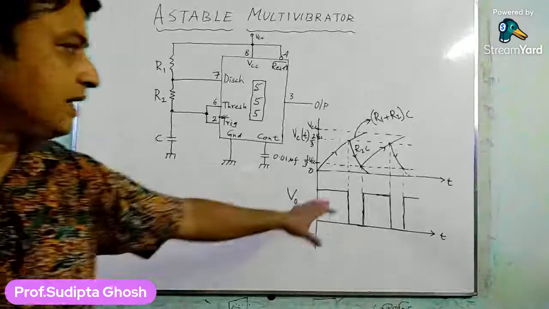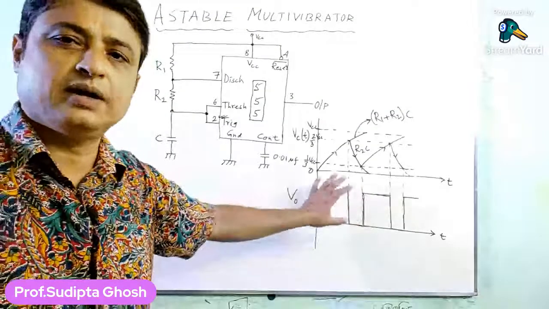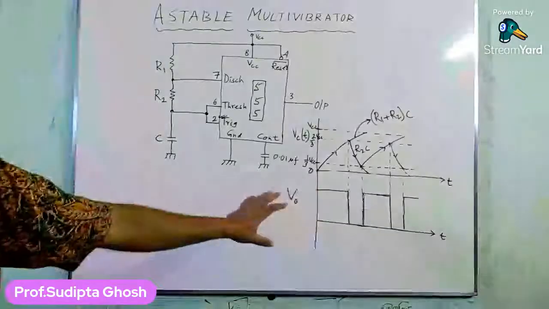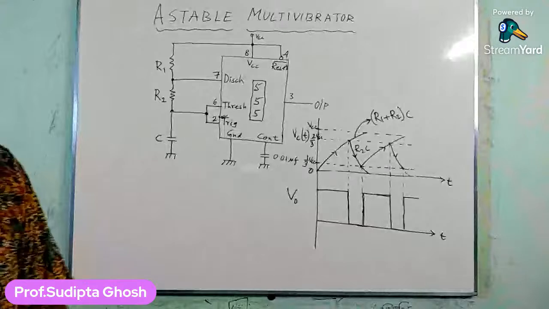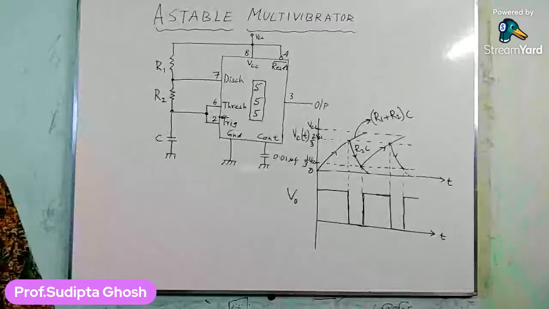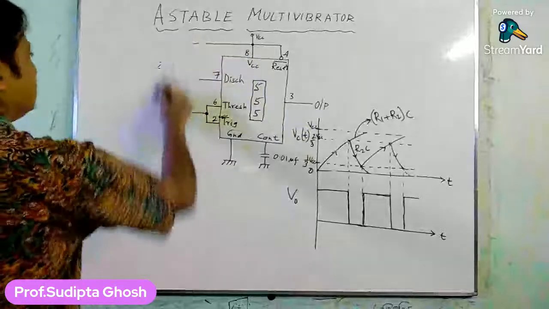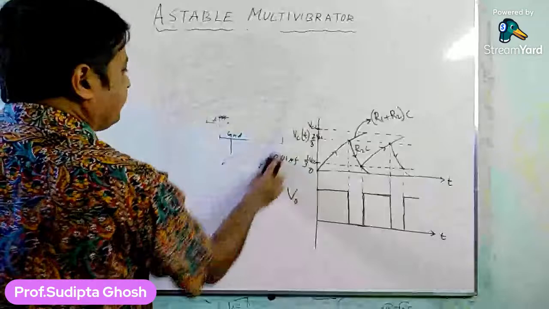Have you all understood the waveform of this 555 timer, or the waveform of this astable multivibrator circuit? Is it okay? Then I will move forward to calculate the time constant, to calculate the width of the output wave. No doubt. Okay, Dipanjan says no doubt. So now I can move forward.